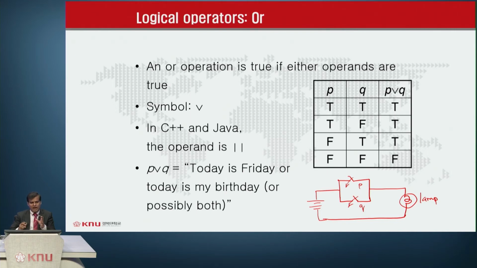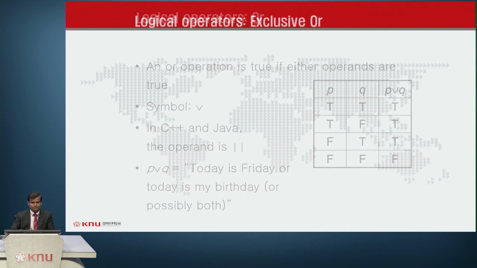Yes, P or Q. Today is Friday, or today is my birthday, or both are possible. As we can see, the OR is helping us to fit in these two propositions. We are going to see how these English terms and logic combine to form these statements.